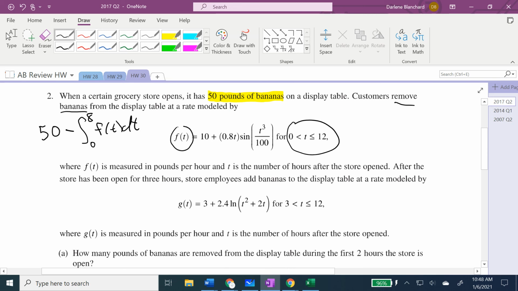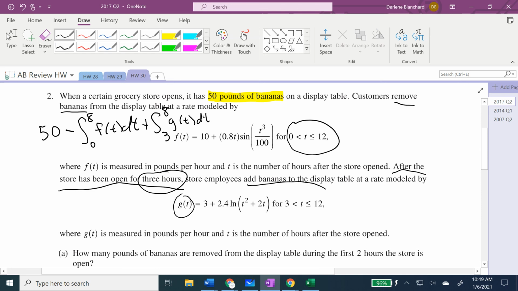Then, after the store has been open for 3 hours, store employees add bananas to the display at a rate of g of t. So now I'm adding g of t, but it's not starting until time 3. I'm going to get this out of the way. So now adding from 3 to 8, the rate of removal.